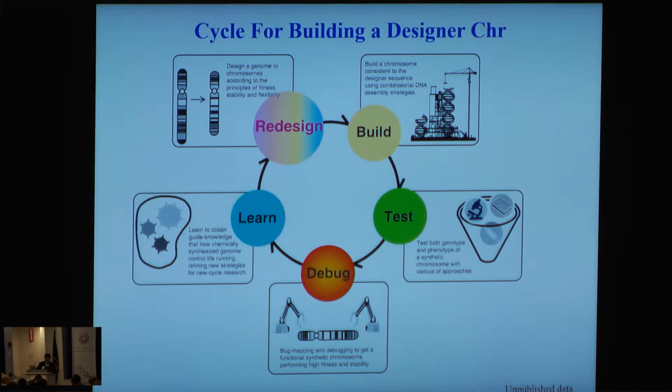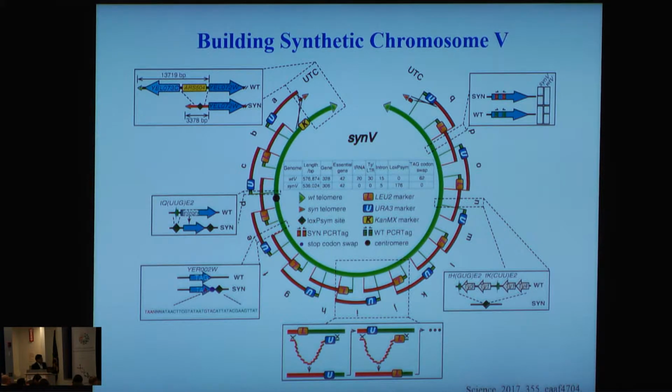By maybe several rounds of this cycle, we can get a perfect chromosome. For chromosome 6, it was incorporated by 17 stepwise incorporations. For each of these large megachunks, we can divide it into minichunks and then divide those into smaller building blocks. So we can build the 17 megachunks in parallel.